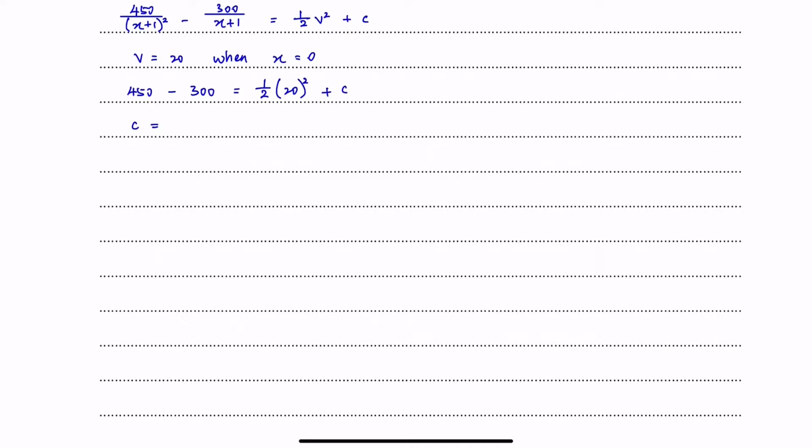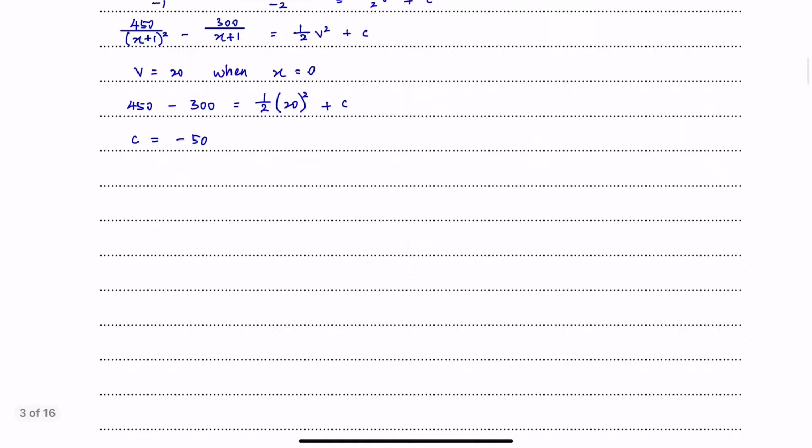And c would be negative 50. And now we can sub the value of c into the equation. So we have 450 over (x plus 1) squared minus 300 over (x plus 1) equals to half v squared minus 50.